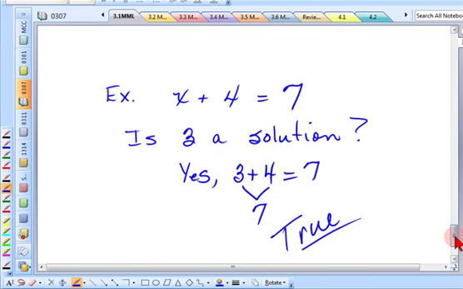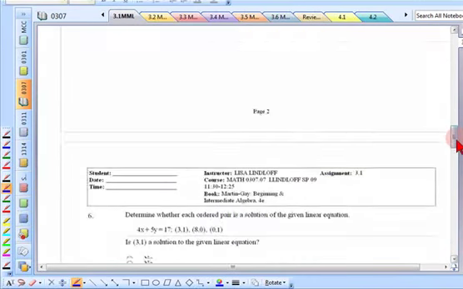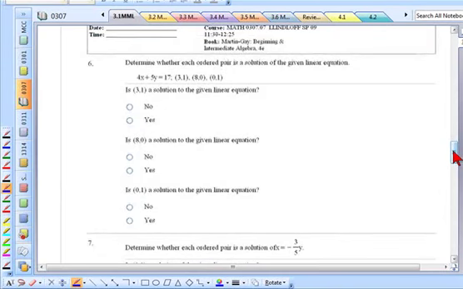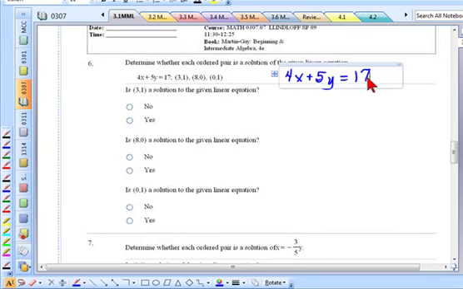Now, the problems that we're about to look at today have more than one letter in them. So I'm going to try to copy it. Here's the equation. 4x plus 5y is 17. Now, this is called a linear equation, and sometimes it's called a linear equation in two unknowns, two variables, x and y.